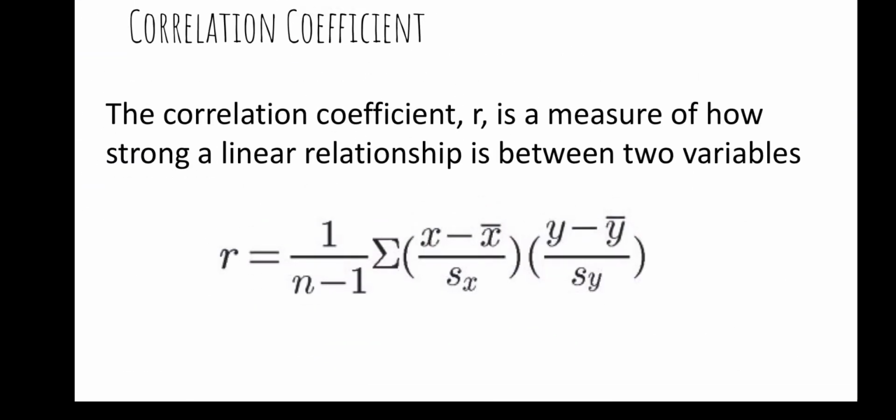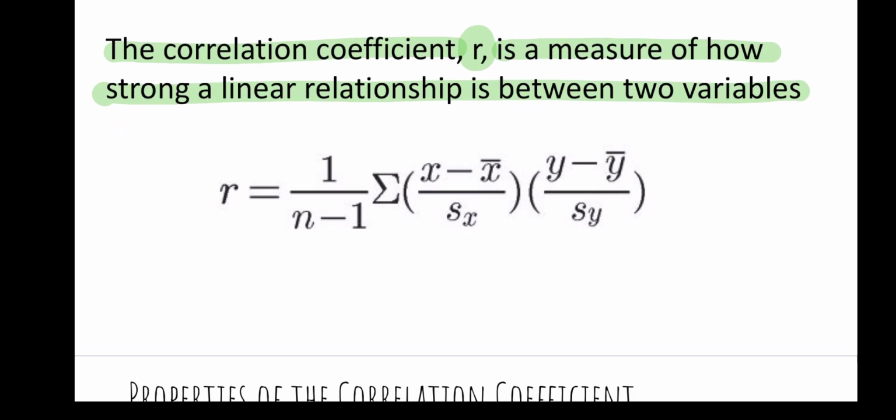There's something called a correlation coefficient. A correlation coefficient is represented by the letter r, lowercase, and it's the measure of how strong a linear relationship is between two variables. So there is a formula for it, and if you look, that formula looks crazy, right? So I've introduced the formula, but we're not going to use it, okay?